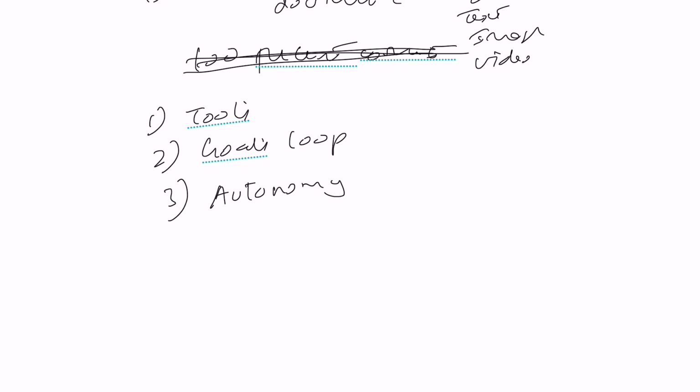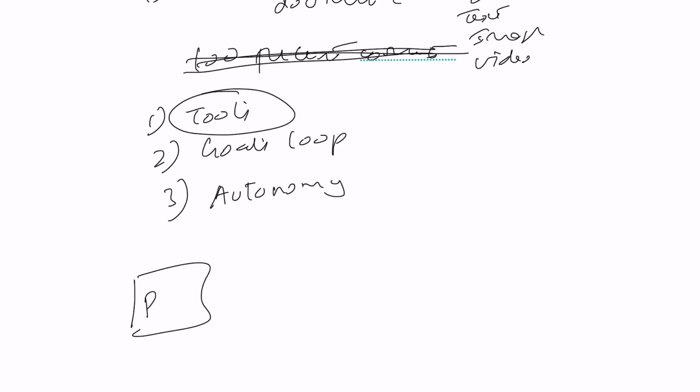A simple chatbot can only produce words. An agent, when it is given some tools, can do a lot more. So first of all, you can imagine this is my agent. This is simply a program coded by someone; in our case, it's an LLM.